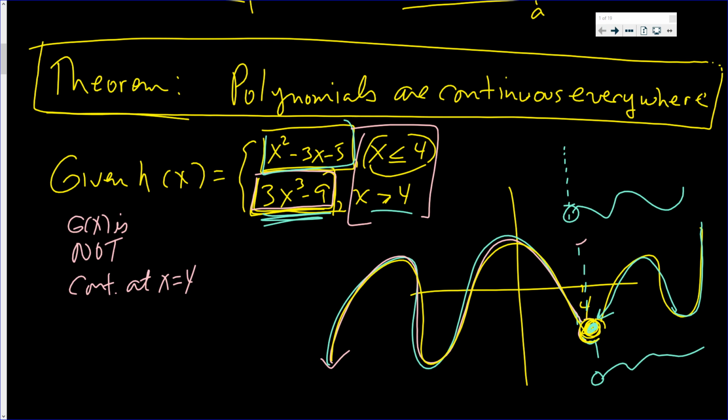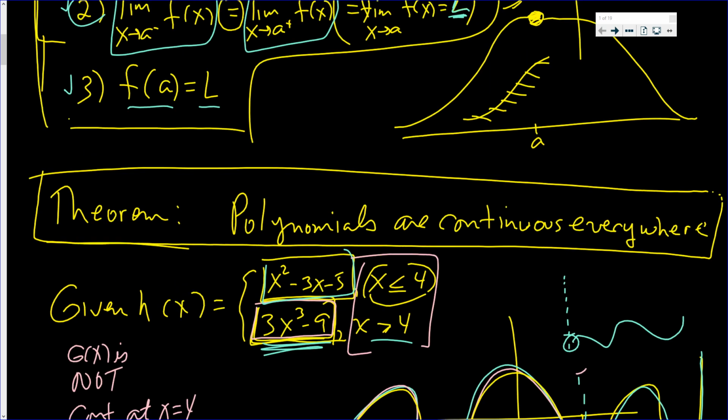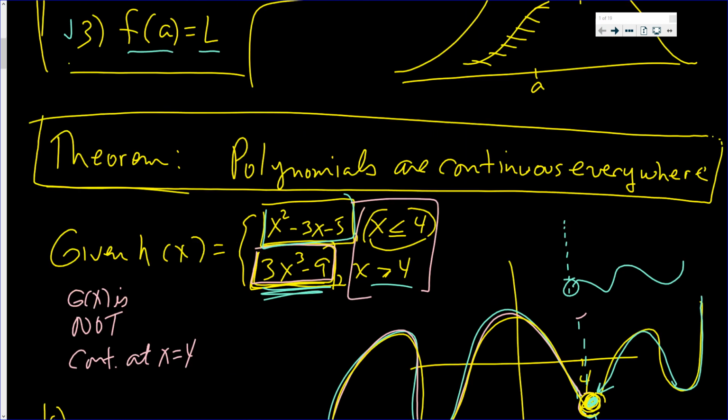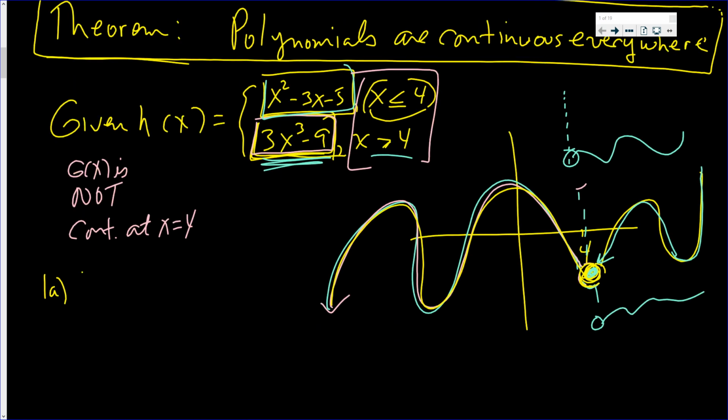Okay, so we need to check 1a and 1b. If I'm going to use a and b, let me make sure I use the right sides, left or right side. 1a was from below. What is the limit as x goes to 4 from the left of h of x?